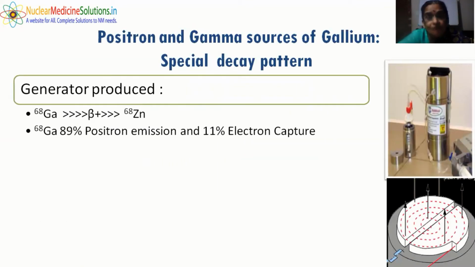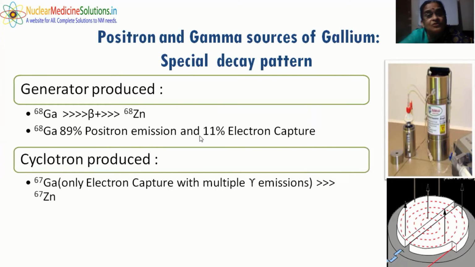So firstly, before we go into the Lewis acid and all the coordination chemistry, let us understand the special decay pattern. In general, we think of generator-produced radionuclides as single photon emitters, and the positron emitters are produced by the cyclotron, isn't it? But here, in the case of gallium, it is gallium-68, a generator-produced radionuclide, as I already told you about the germanium-gallium generator, and it has 89% positron emission and 11% electron capture, while the cyclotron produces the gamma source, and that is gallium-67.